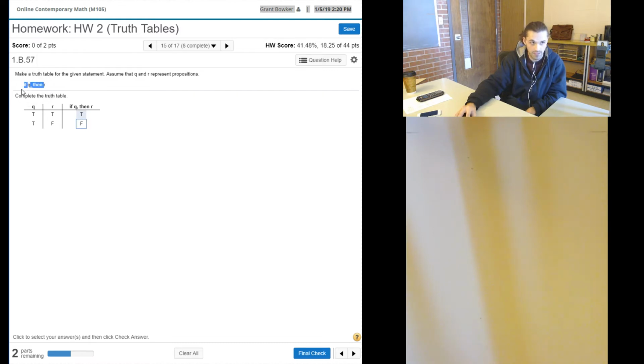This type of connector goes by several different names: implication, conditional, if-then, to name 3 of them. So recognize this is the only condition where you will get a false implication, where you get true hypothesis, false conclusion. So the hypothesis is the first part.